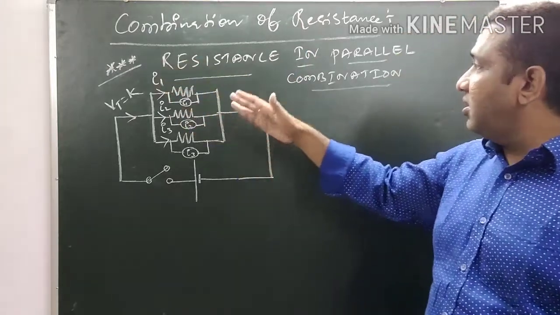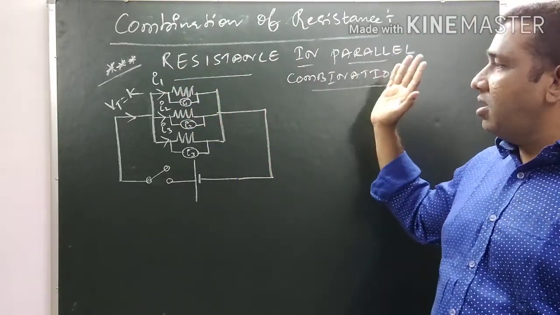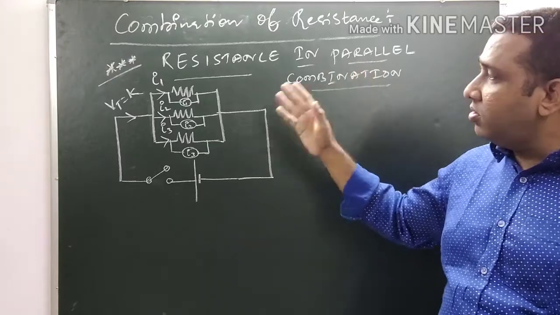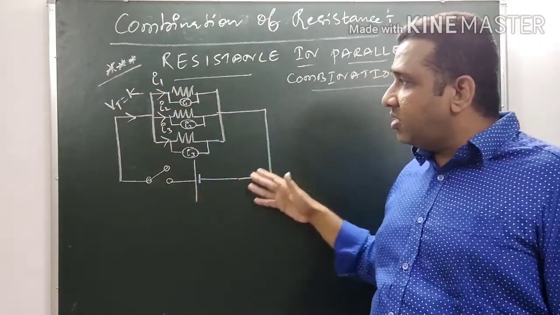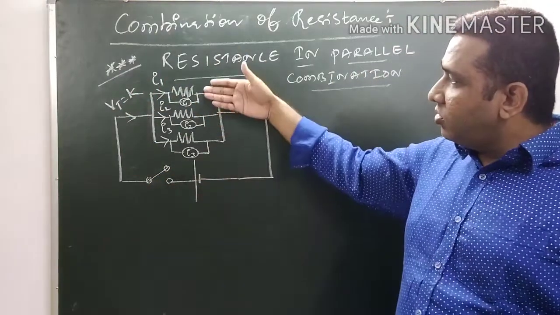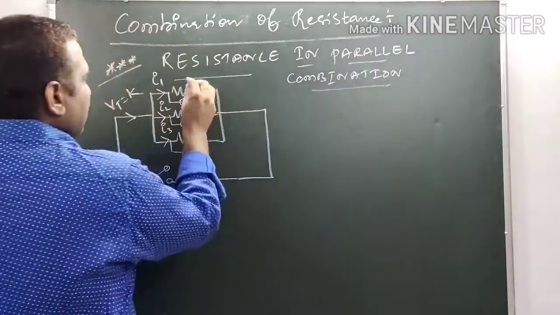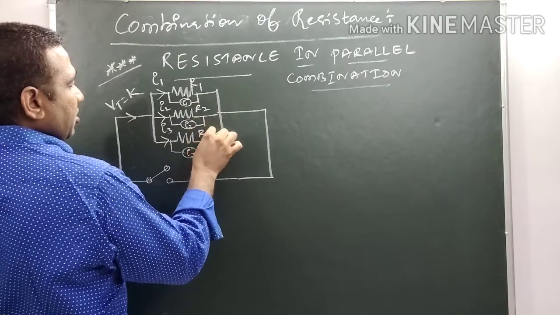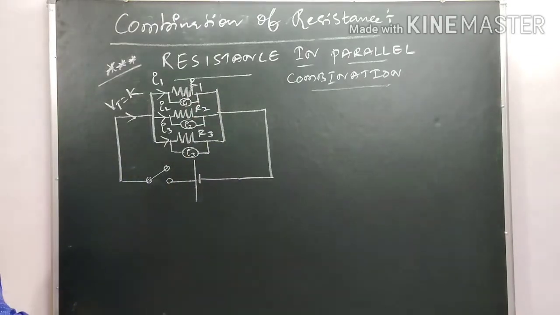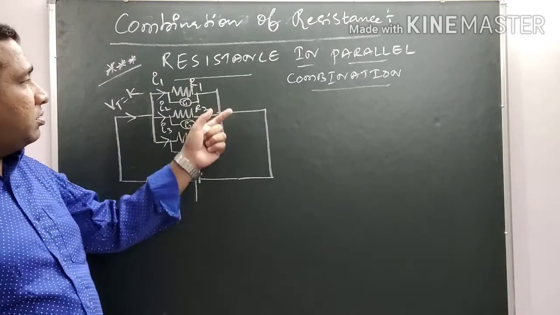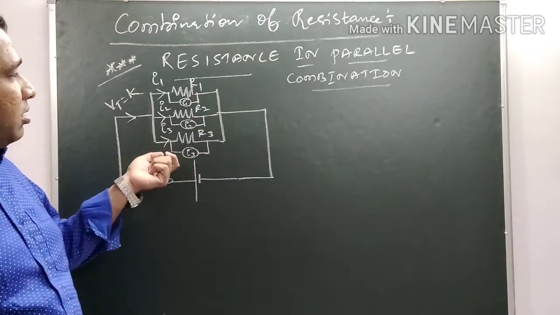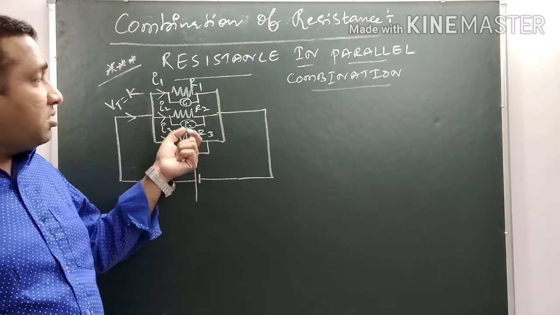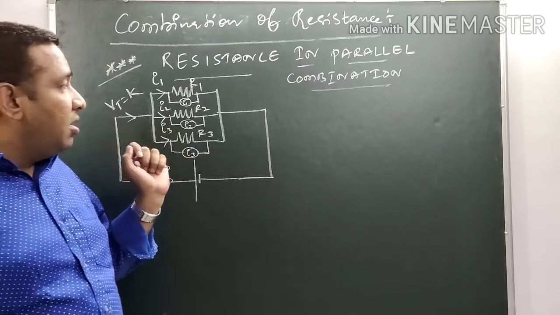Now the second one is resistors which are connected in parallel combination. So this is a circuit to represent the parallel combination. I am taking the three resistors here, R1, R2 and R3. How do you consider the resistors which are connected in parallel combination?